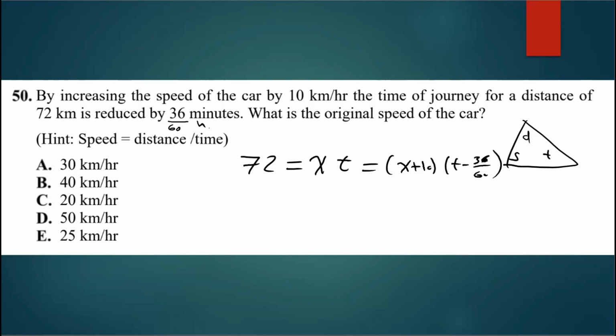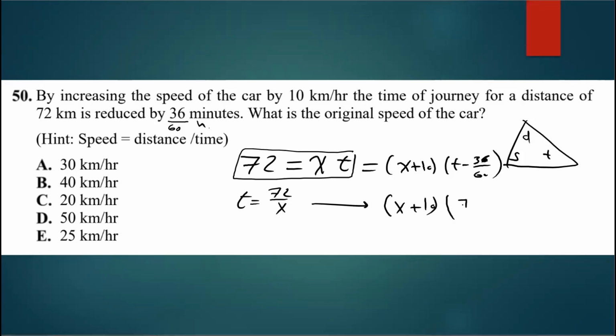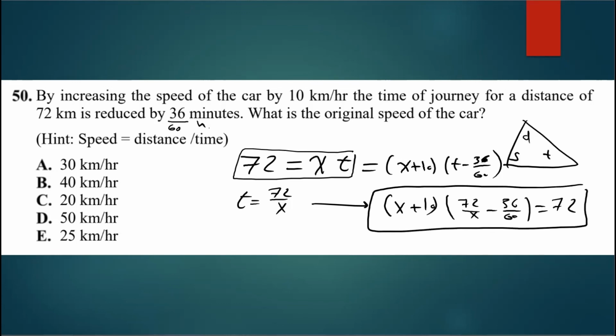Okay, this is two equations indeed. To get the speed of the car, I need x, so I can from here find t in terms of x. From here, t is equal to 72 over x. Now substitute here. So x plus 10 times 72 over x minus 36/60. That should equal 72 as well. Doing shift solve on that will solve the problem.